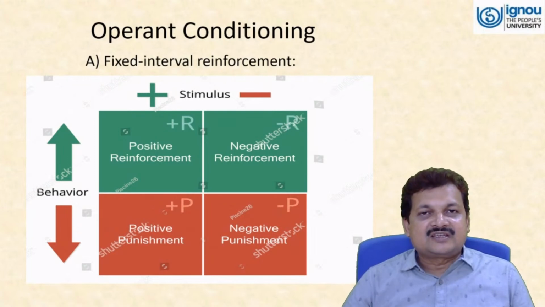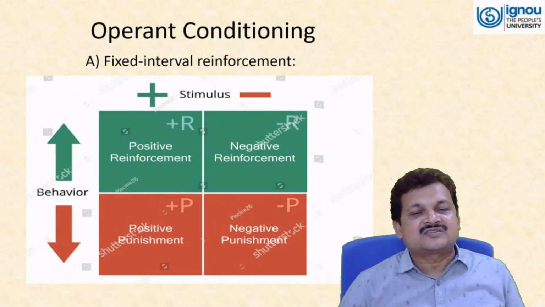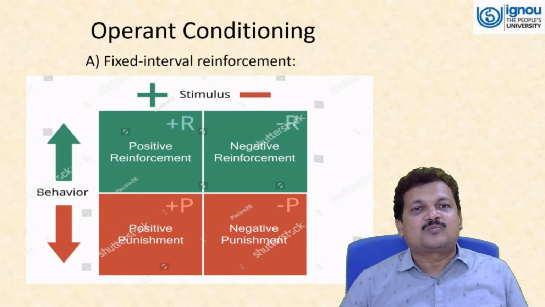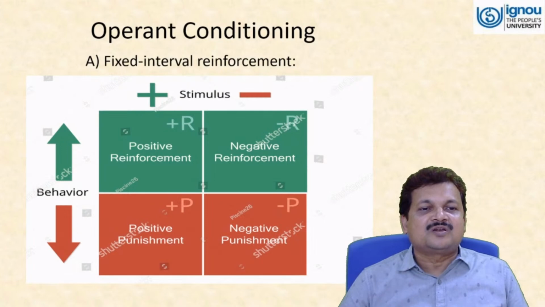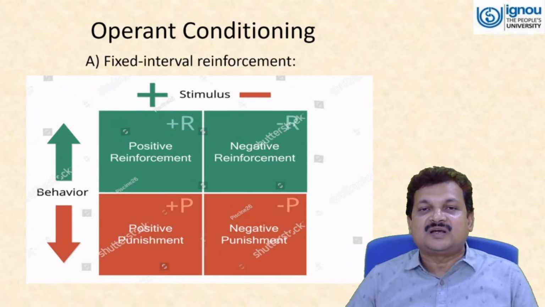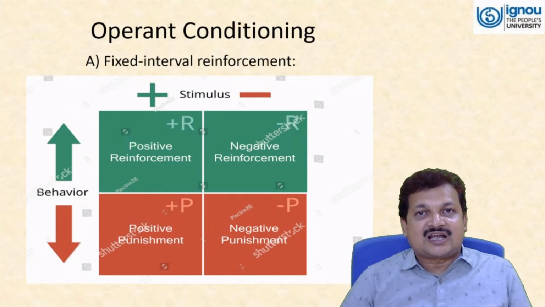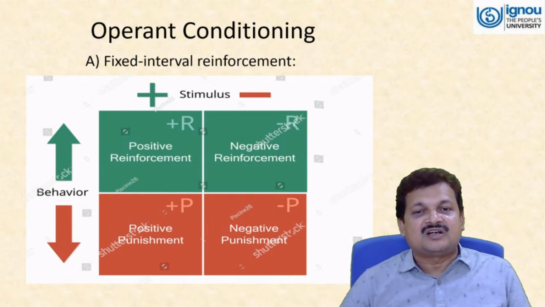Means you are neither liking this kind of product, and at the same time you find there are a lot of problems with the product. Both ways, the stimulus is not good and your behavior towards that product is also negative, your attitude is not good. So in that case negative punishment is developed. You are never going to try this kind of product, because you have already seen that the stimulus is not good, nor do you like this kind of product.